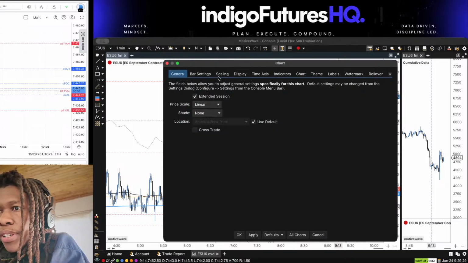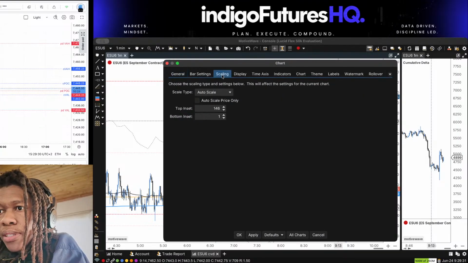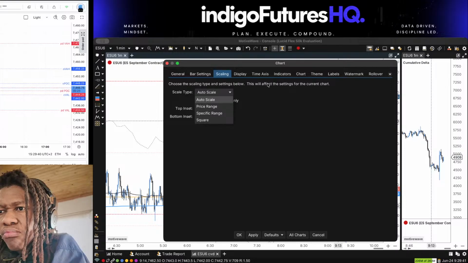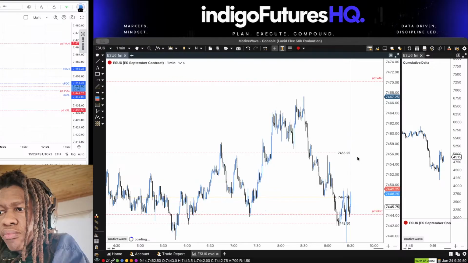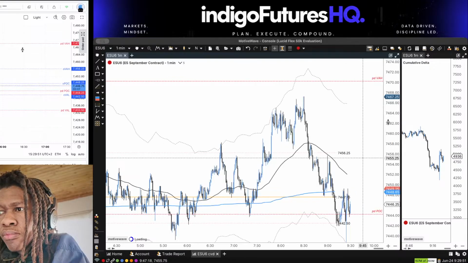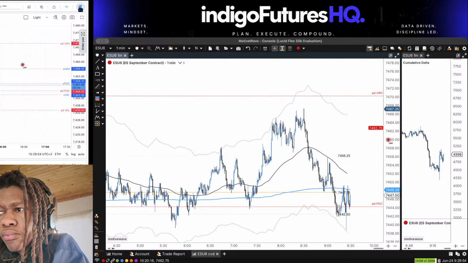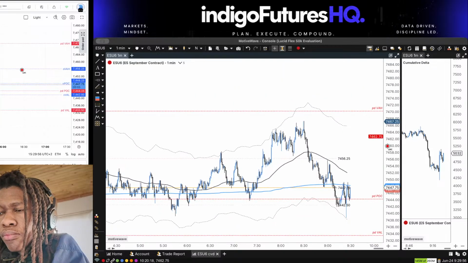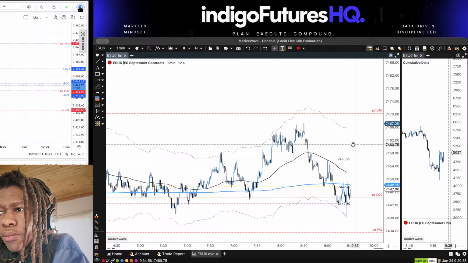But now I'm gonna have to change a couple of things. Scale, auto scale. I think that kind of helped.